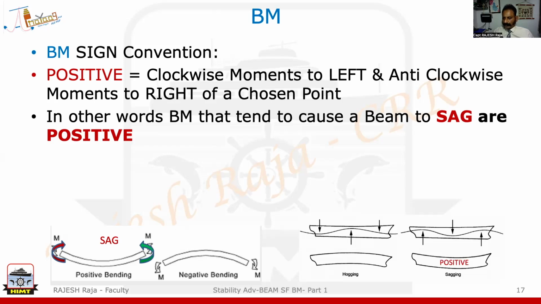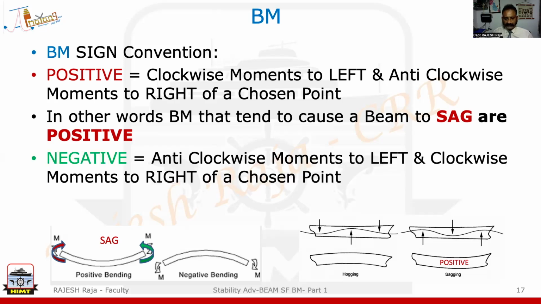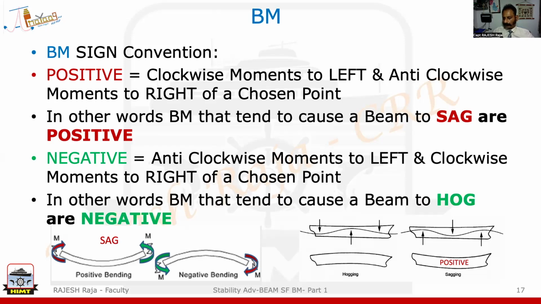You can see on the right side picture also, I am showing you a sagging picture where it is positive. Now, what is negative? Negative is exactly opposite. I'm going to give anti-clockwise on the left side and clockwise moments on the right side, which is again telling you that this will create a hog. So that is why on the right side picture, I've shown you a hogging beam as the negative sign convention.